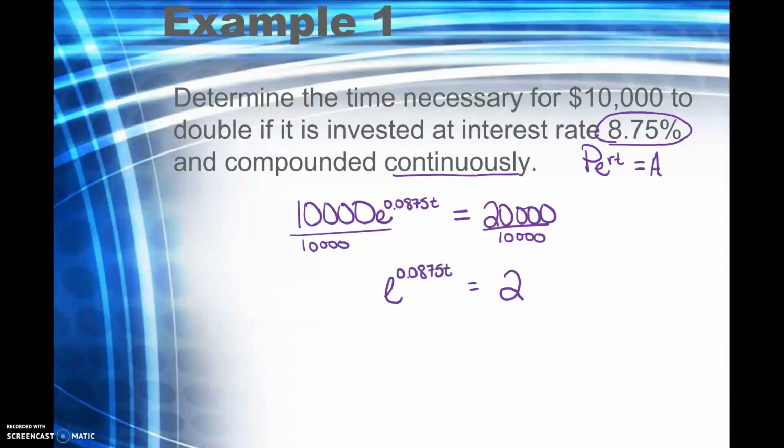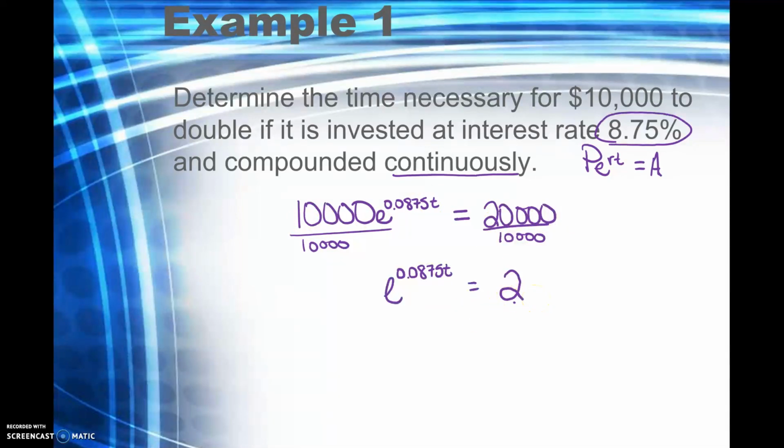I want to draw your attention to this 2. We did our ending amount divided by our starting amount and got 2 because we're trying to double the amount. So if I had started with $1,000 and had this be $2,000, this would still be 2. If I had started with $500 and wanted to end with $1,000, this would still be 2.